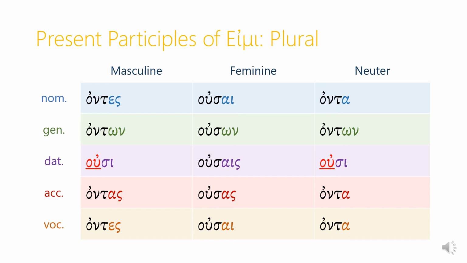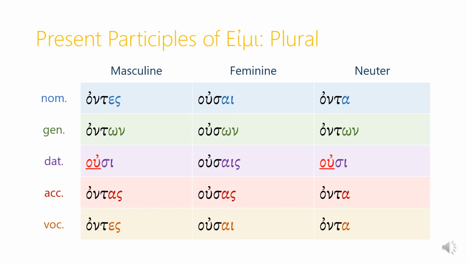In the masculine and neuter, you just have the ont voice indicator, and then add on to that your regular connecting vowel and ending. So the nominative masculine plural is ontes, and the neuter nominative plural is onta, etc. Similarly, in the feminine plural, you just take the voice indicator us and add on to that your regular first declension feminine plural endings, usai, uson, usais, etc.